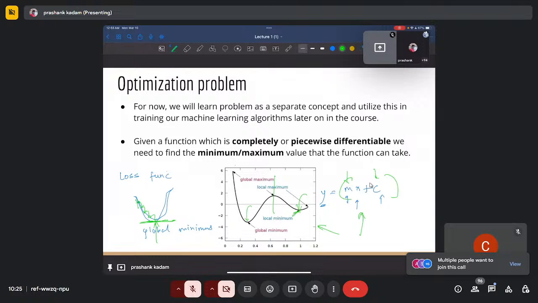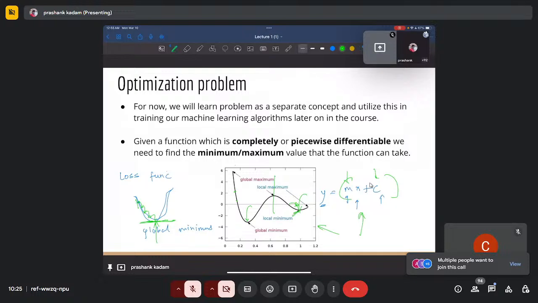So, if you're trying to use a single optimization strategy, like you're just trying to differentiate at different points on this curve, and then take gradients and then move down the slope, you might end up in a local minima, right? So in that case, it does not guarantee.